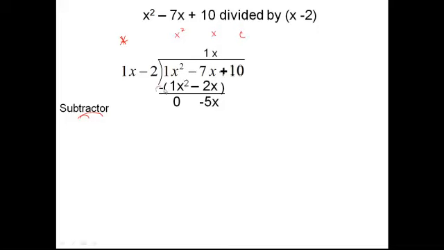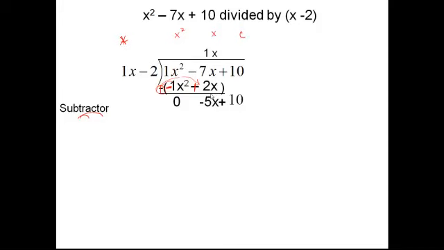Make sure you distribute that negative sign. So it's not only this that's negated, it's also going to be this. So what you're going to actually see here is we're going to plus, negative, and then plus because this negated everything. So that's where you're going to get negative 7x plus 2x. If you add negative 7 plus 2, you're going to get negative 5x. Subtractor is also the puller downer, so we're going to pull that down.